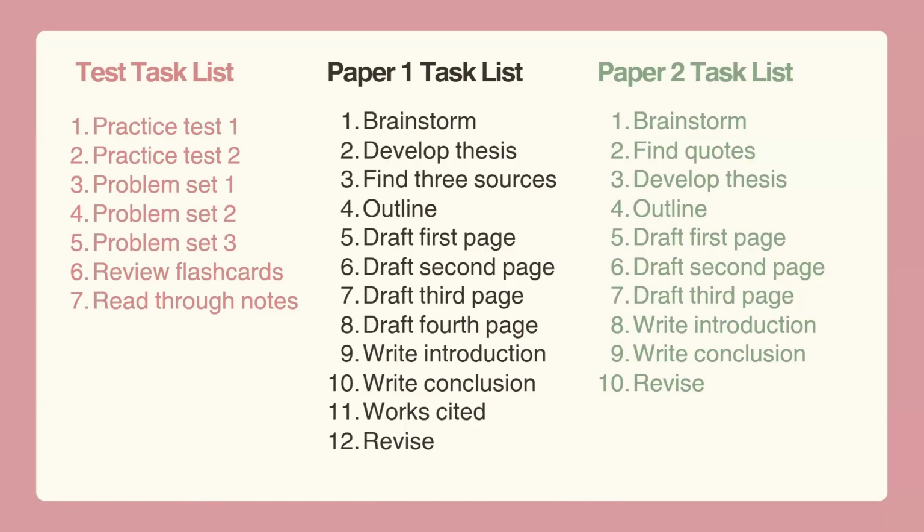I've made here my task list for each assignment. For my test, the two most important tasks are my practice tests. They are super important, and if I could do nothing else, I'd want to do them.